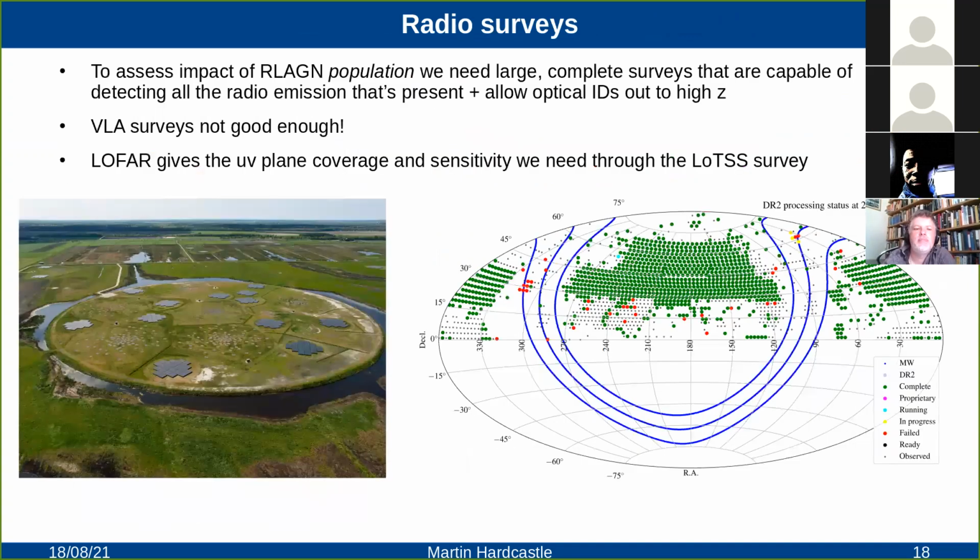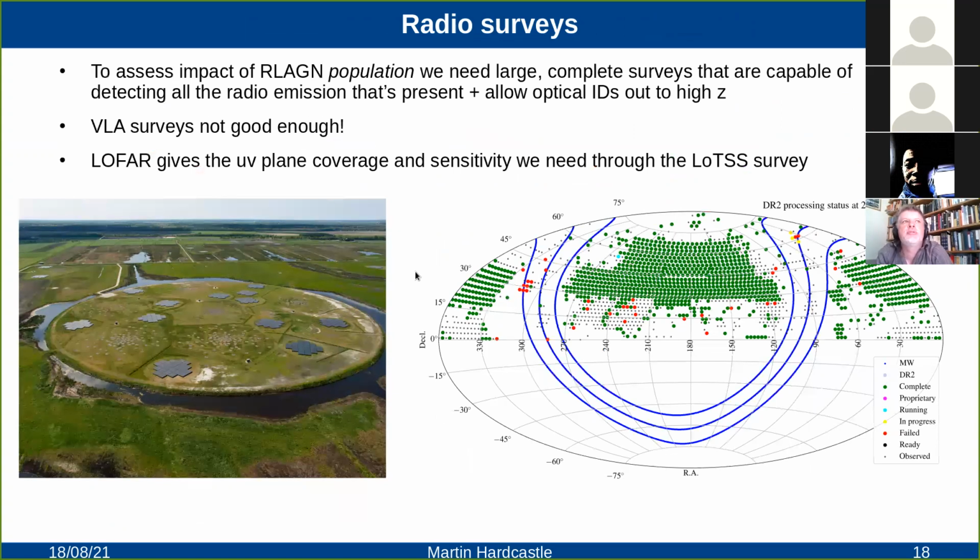So where do we get our radio data from? This brings me to the second part of the talk, which is basically an advertisement for LOFAR. To get the radio data, we use LOFAR surveys. VLA surveys are just not good enough because they don't have the UV plane coverage, for the radio astronomers in the room.